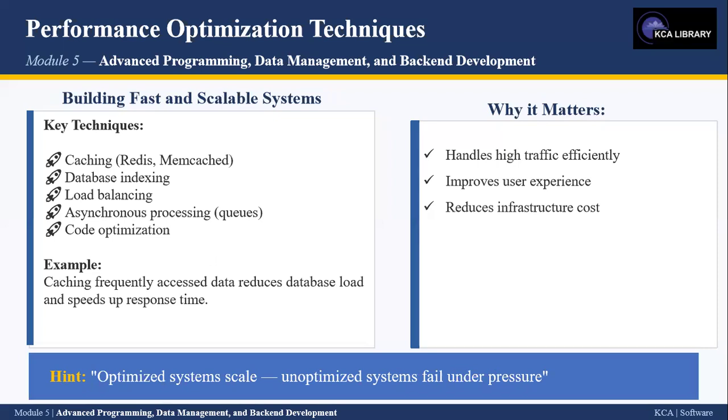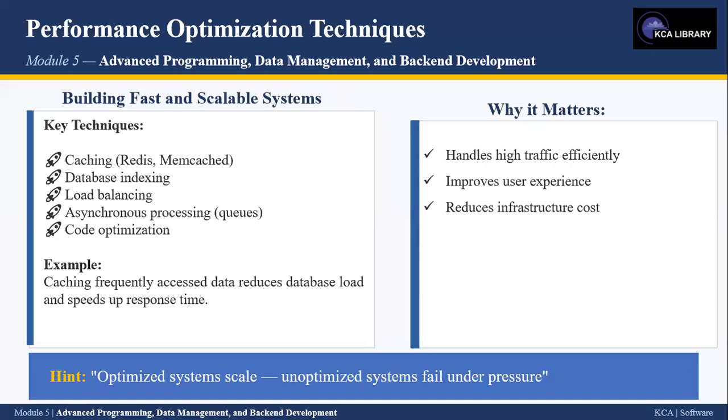Optimize your system to scale and perform under pressure. Key techniques are caching with Redis or Memcached for huge speed gains. Database indexing for finding data without scanning entire tables. Load balancing to distribute traffic across servers.